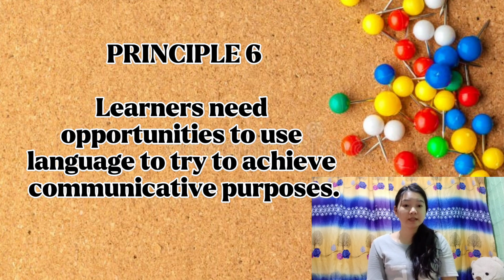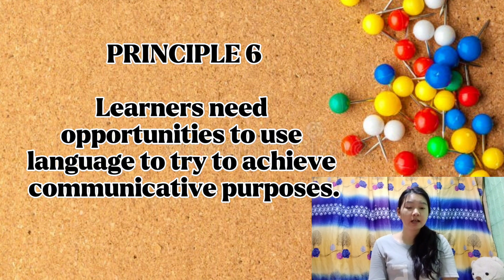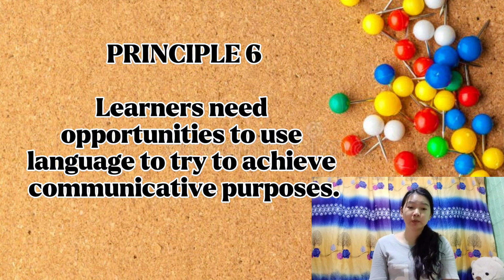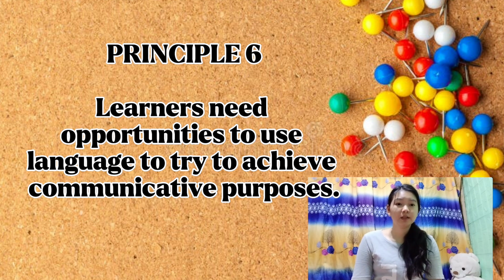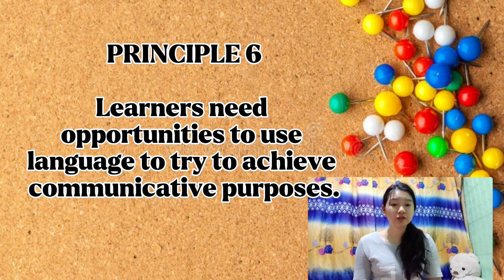In Principle 6, the teacher should design output activities that can help the learners develop their ability to communicate fluently, accurately, appropriately, and effectively. For this activity, the teachers could use news report articles as material. So how to implement this activity?